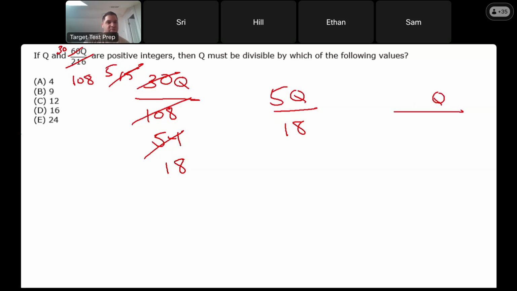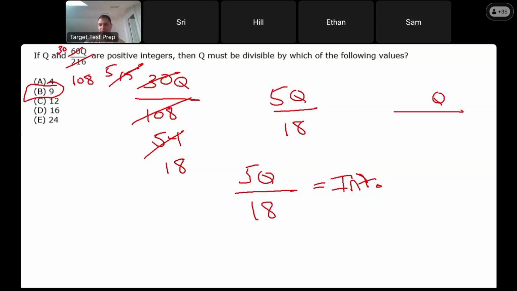Well, actually, if it's divisible by 18, then technically it has to be divisible by 9. So as a matter of fact, I don't think actually this is good. So what we end up with here, yeah, is 5Q over 18. Yeah, this is fine. So this actually is a little wrinkle. Because it's divisible by 18, it's divisible by all factors of 18. Notice the only factor of 18 here is, in fact, 9. So yes, that's where we're at with this question here. All right, so anyway, that's a way that they like to mess with you in divisibility.